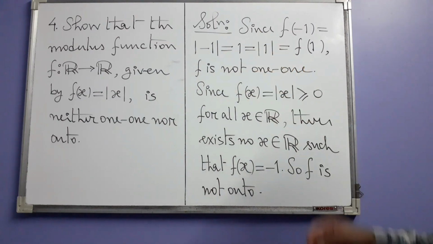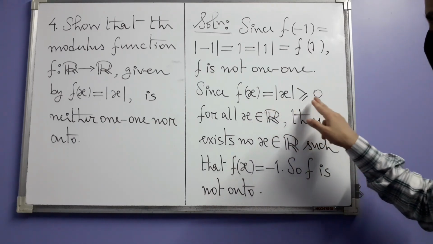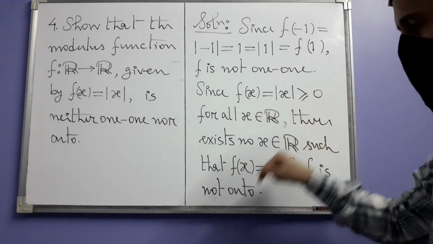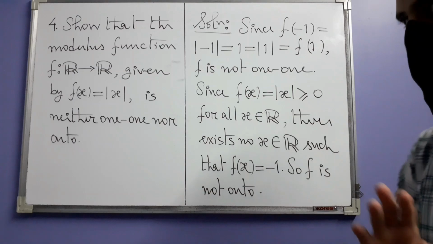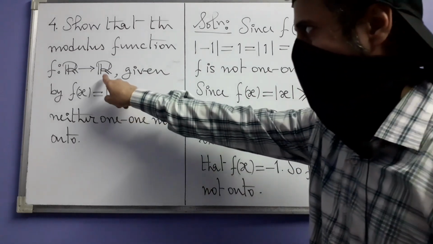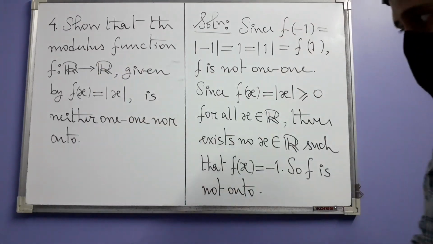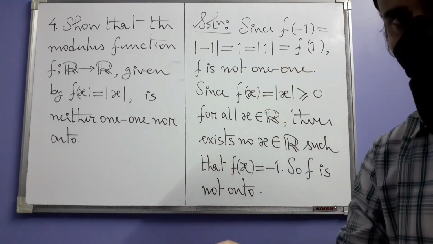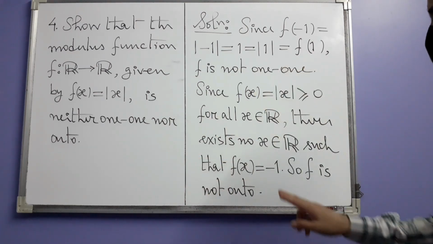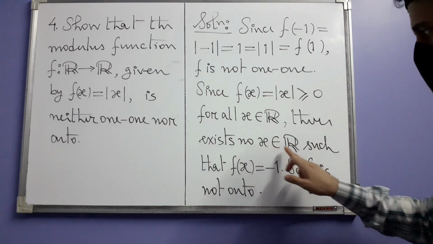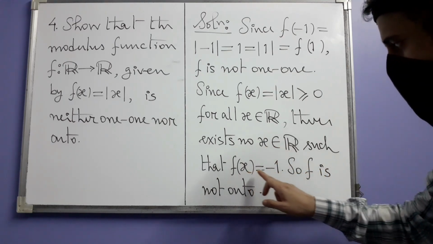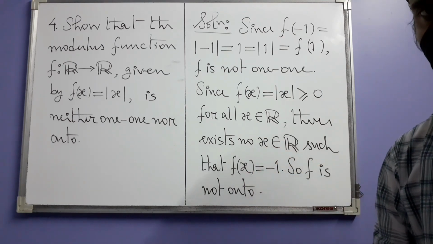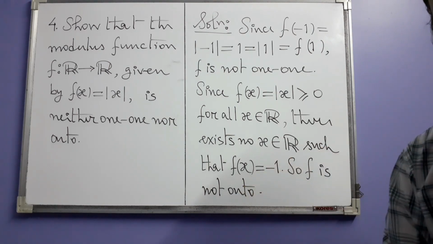And again we can use this same fact that all the outputs are non-negative to also show that the function is not onto, because negative numbers are there in the codomain, but none of them will appear as the image of any input under the function. For example, there is no x in R for which f of x is equal to -1. So that's why the function is not onto.